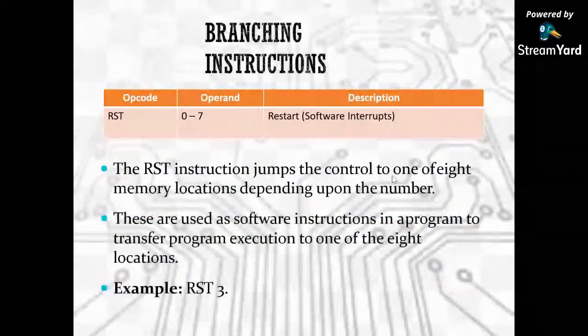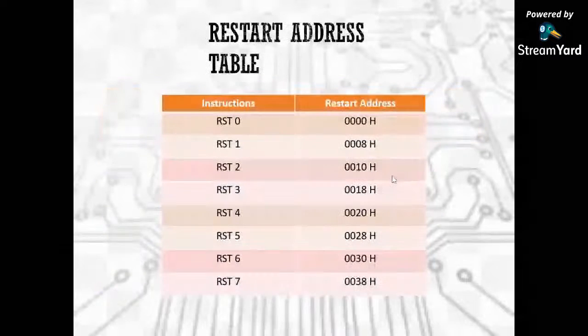Kita punya restart, software interrupts ya. Jadi misalkan kita mau mereset karena ada suatu trouble, juga bisa diberlakukan di 8085. So the restart instruction jumps the control to one of 8 memory locations depending upon the number. These are used as a software instruction in a program to transfer program execution to one of 8 locations. Misalkan contohnya adalah ini.